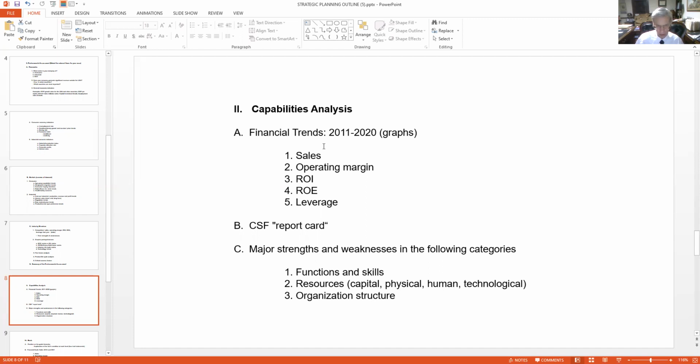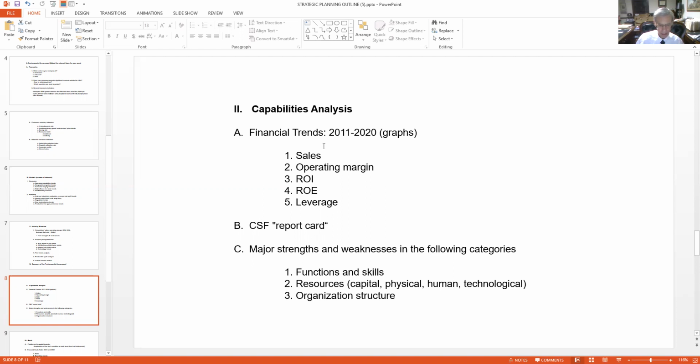Now, your textbook, I think, and many textbooks provide something similar to this, and they provide weightings for these various capabilities. And the weightings are decimals, which add up to 1.0.